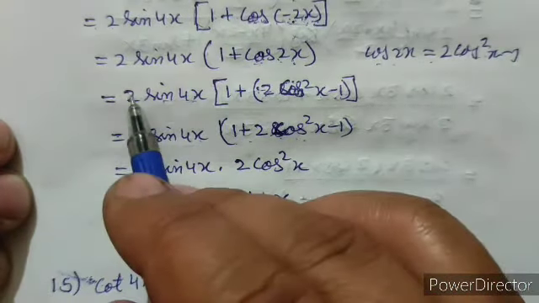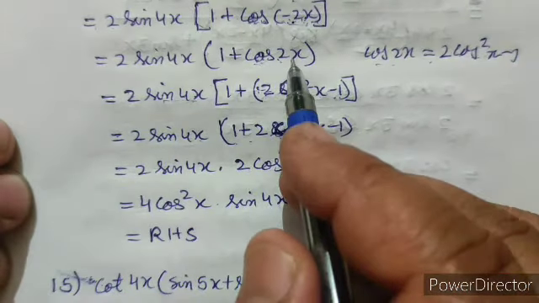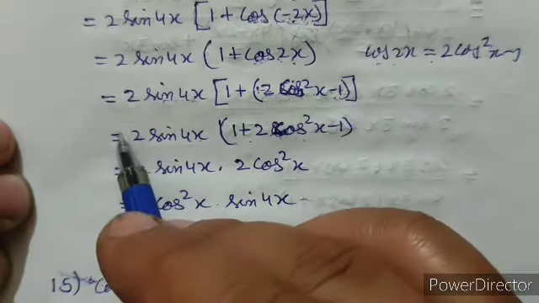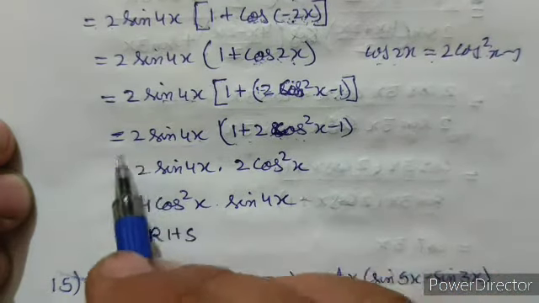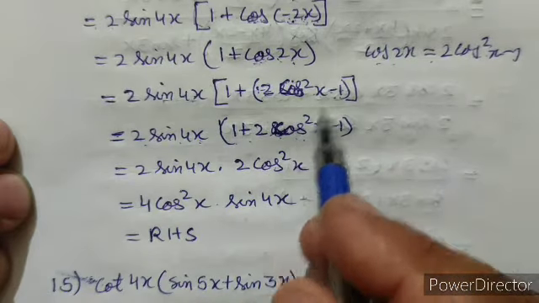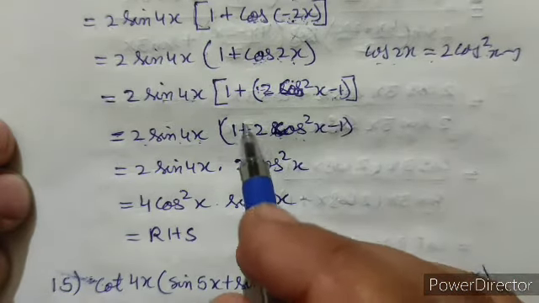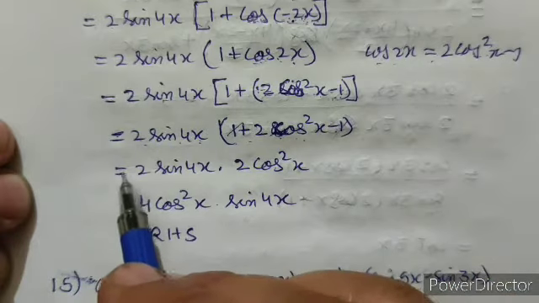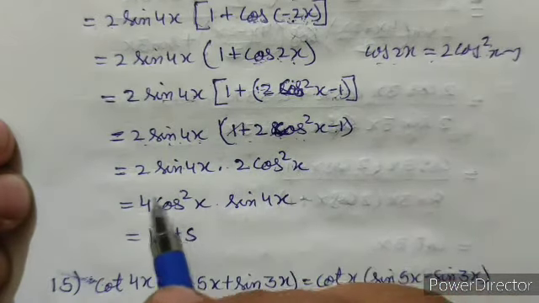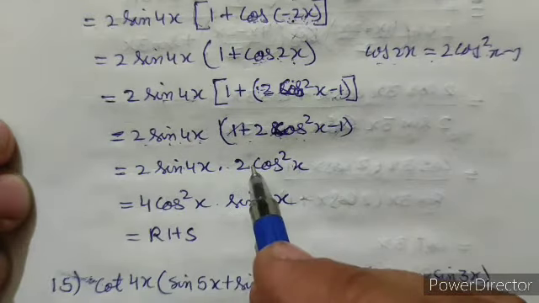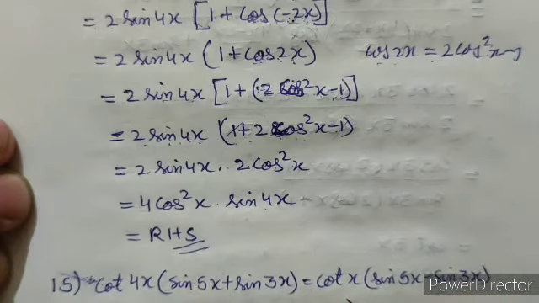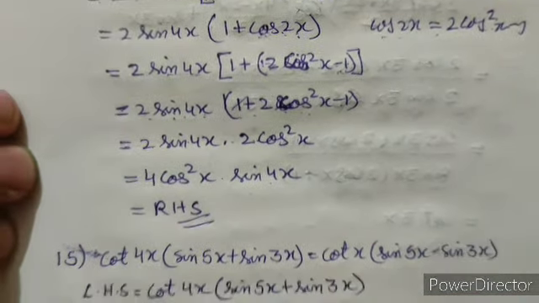So here we can write this cos 2x as 2 cos square x minus 1, which on solving will give us 2 sin 4x into (1 plus 2 cos square x minus 1). Hereafter cancelling 1, that will be equal to 2 sin 4x into 2 cos square x, which can be written as 4 cos square x into sin 4x, and that was our right hand side.